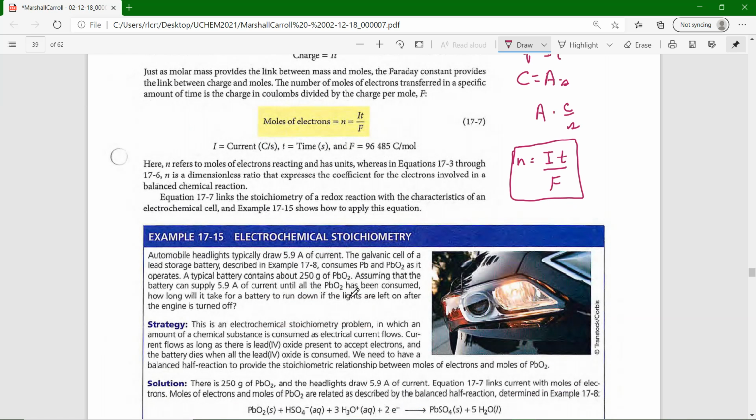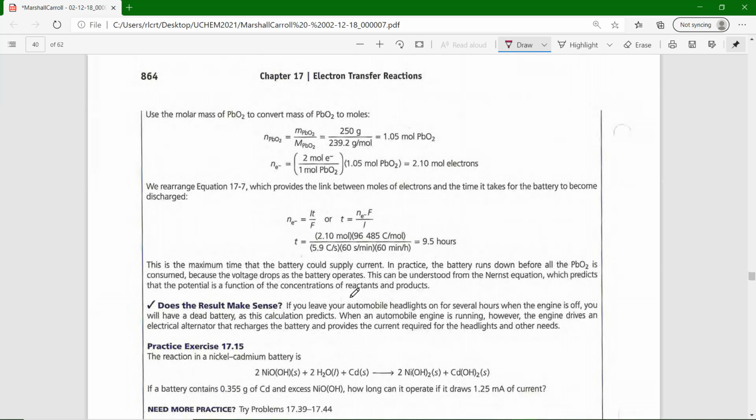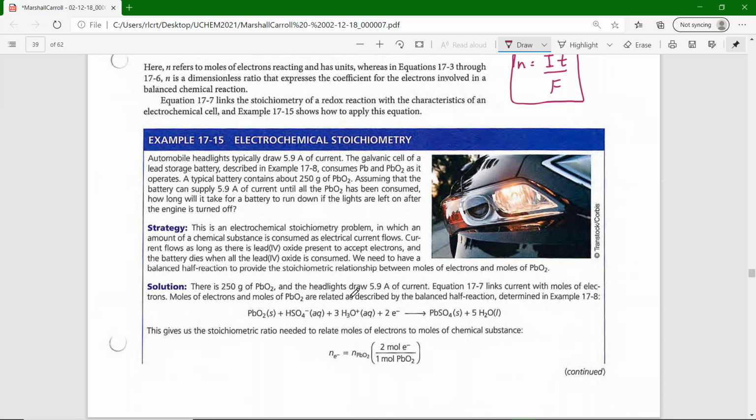Okay, so I never liked that question. I'm not going to bother with it. You know what? Fine. You want me to look at it for a second? Okay, I'll try one more time. So we have an automobile headlight that typically draws 5.9 amps of current. Okay, so we're using a battery to get the headlights going. A galvanic cell is used in our car battery.